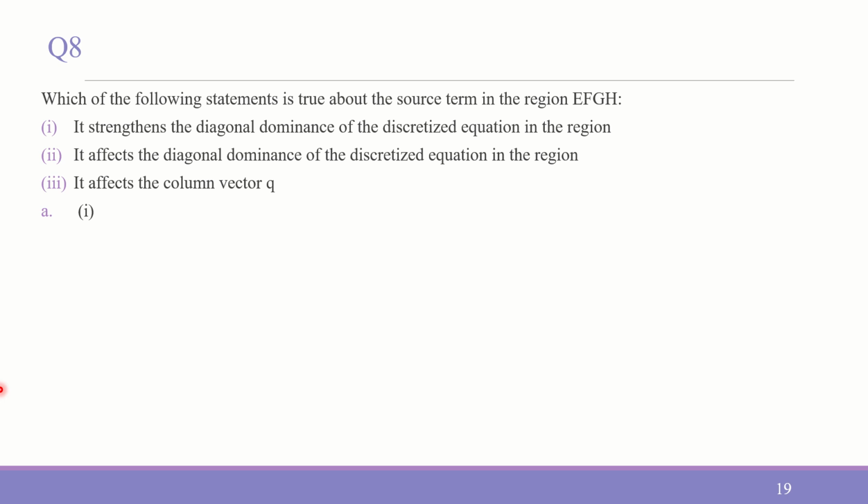If it is not affecting P, we cannot say anything about how it is impacting the diagonal dominance condition. So here it is not affecting it. It is not strengthening or affecting the diagonal dominance of the discretized equation in the region. So the third statement alone is the true statement. We will look at the listed options once and arrive at our conclusion.